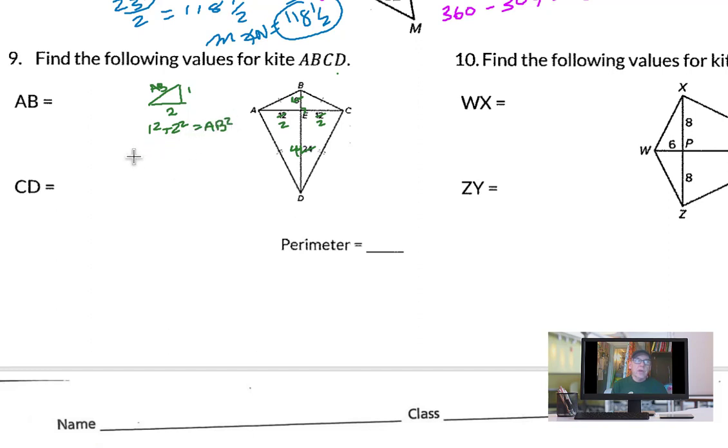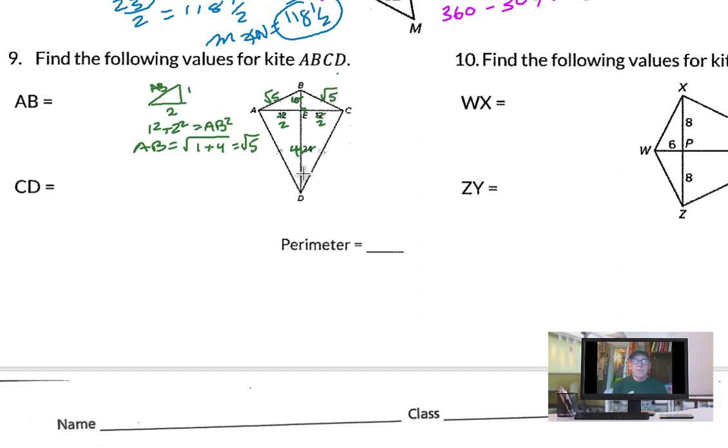Take the square root of both sides. This is really just the Pythagorean Theorem. AB is equal to the square root of 1 plus 4, which is square root of 5. So this length here is the square root of 5. Because these two are congruent, this one over here is also going to be square root of 5.